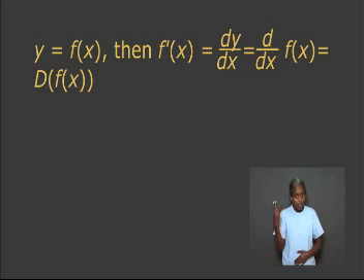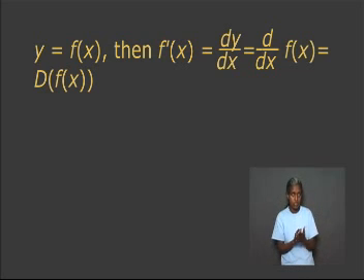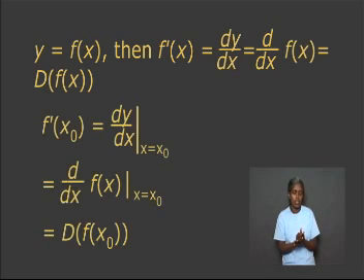Using these notations, we find that f prime of x naught equals dy by dx as x approaches x naught.